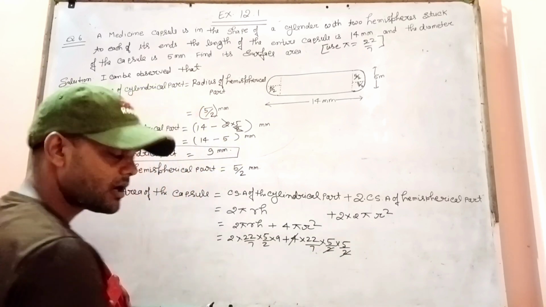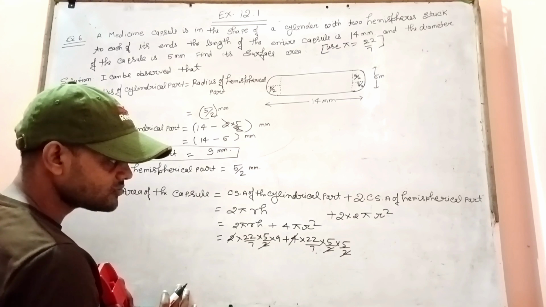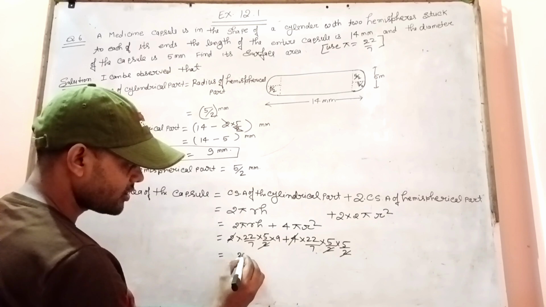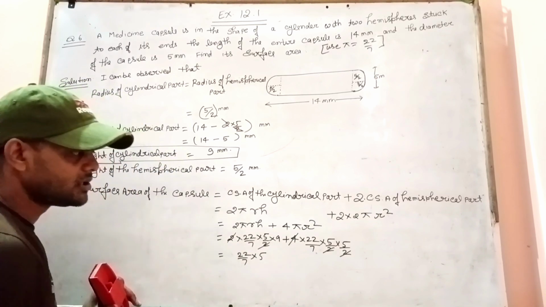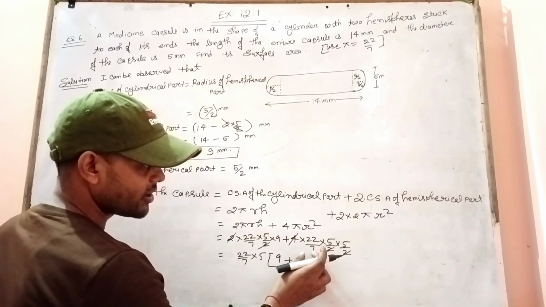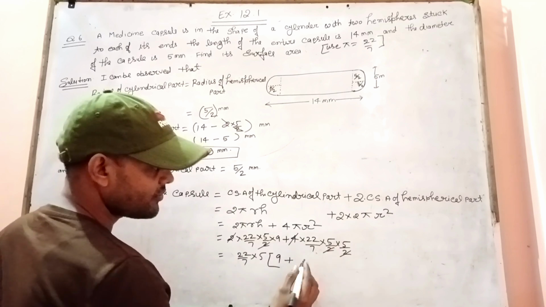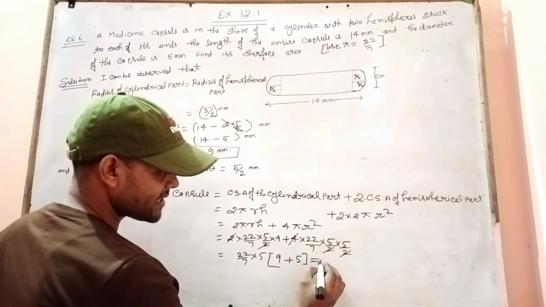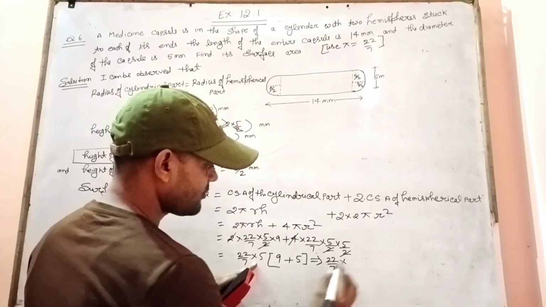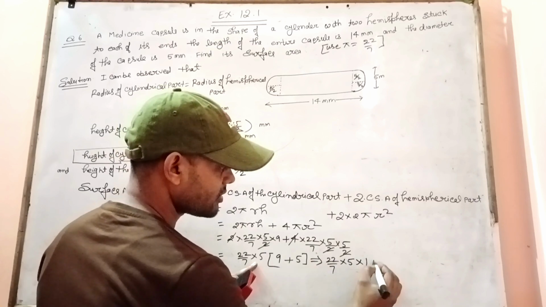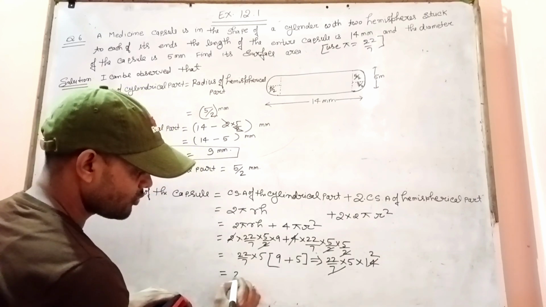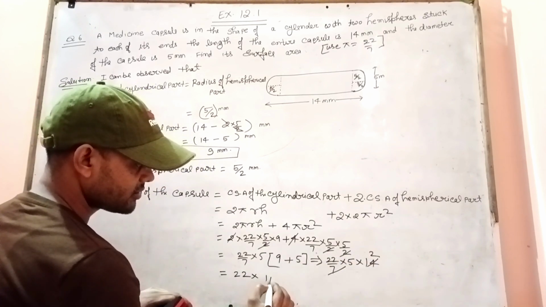The 2 and 4 cancel out. 22/7 into 5 is common, so we get 22/7 into 5 into 9 plus 5, which is 22/7 into 5 into 14. The 7 cancels with 14 to give 2, so 22 into 5 into 2 is 220.